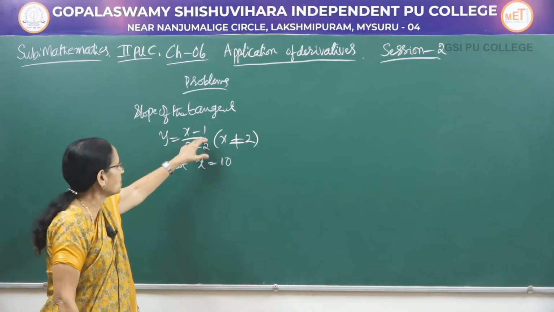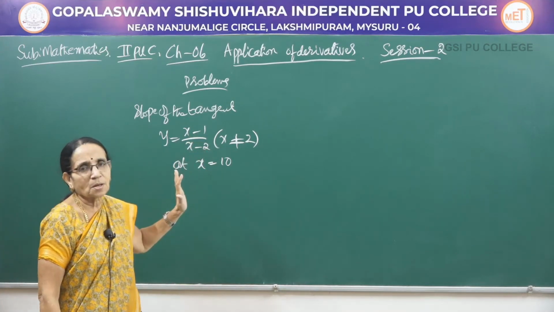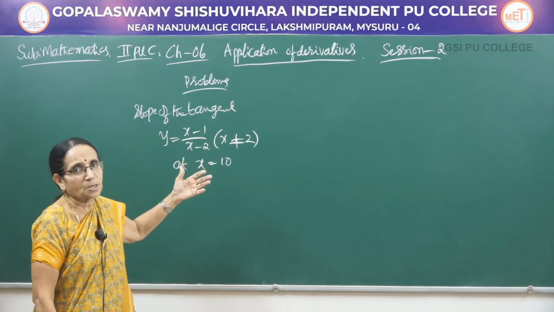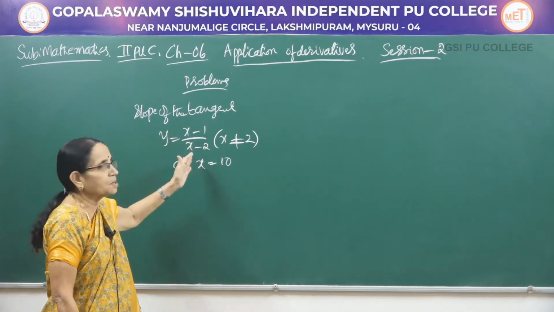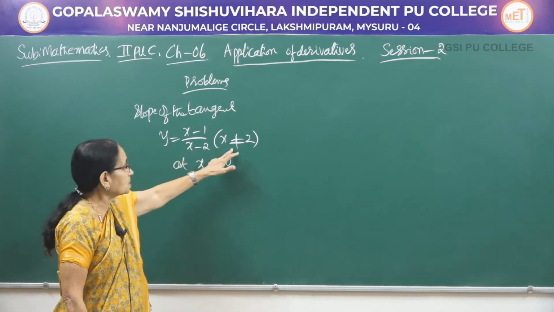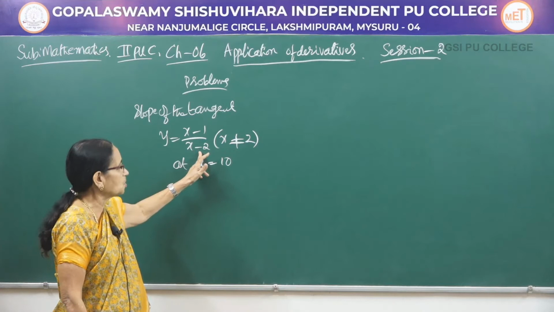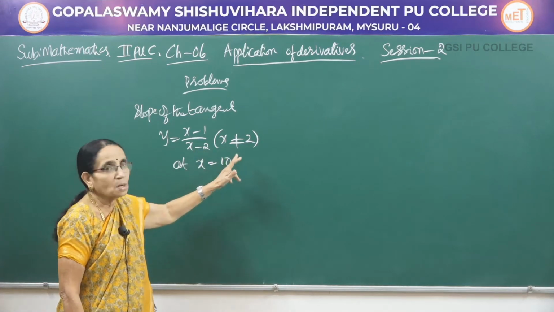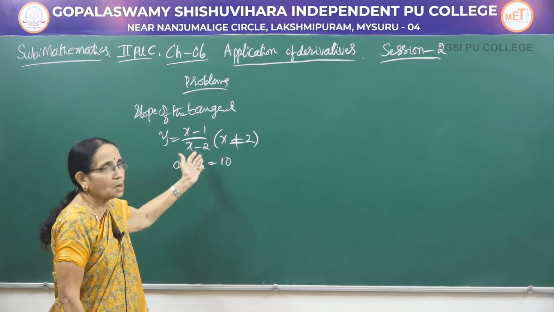It is in the form of a quotient. As soon as the function is given, the first thing is you have to differentiate. Because it is in the form of a quotient, you have to apply the quotient rule. One condition is given: x minus 2 is in the denominator, so x cannot take the value 2. Any other real value it can take.